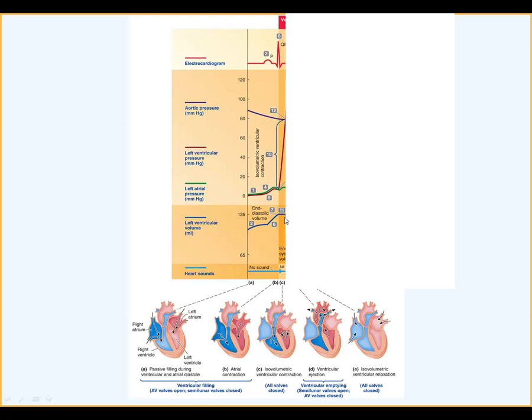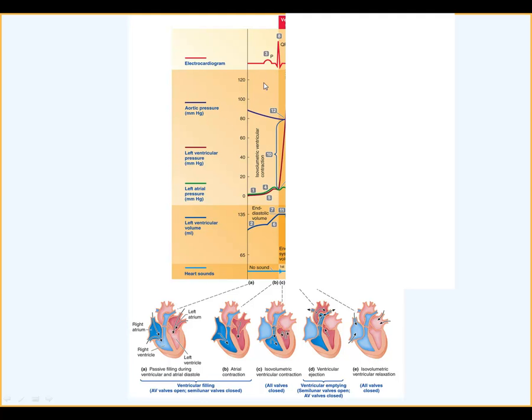So nothing is changing with this volume here, which we call end diastolic volume, because if you remember, this part here was happening before the contraction of the ventricle, so we called it diastole, right?